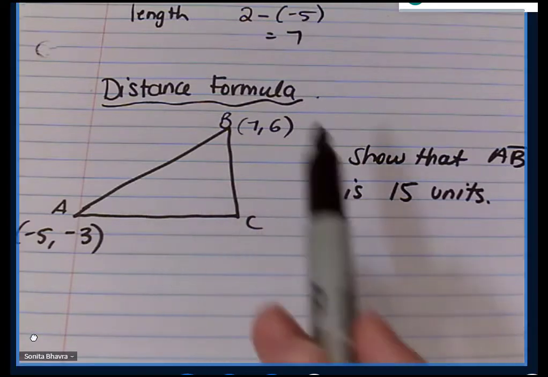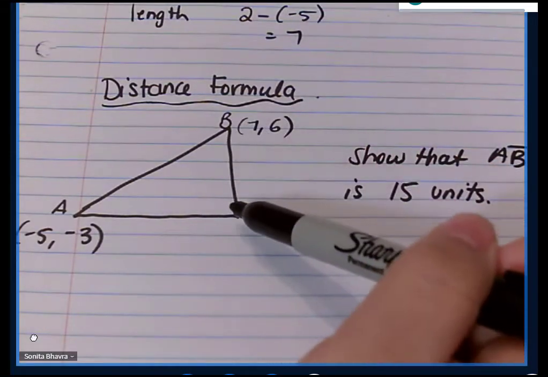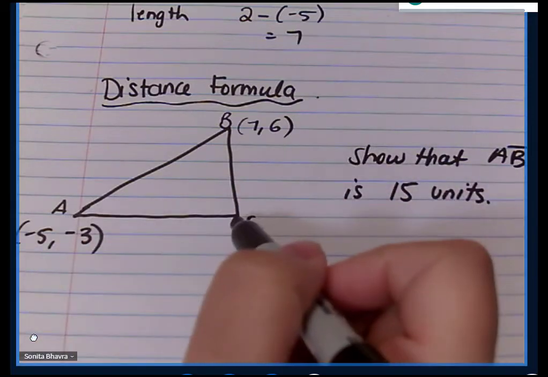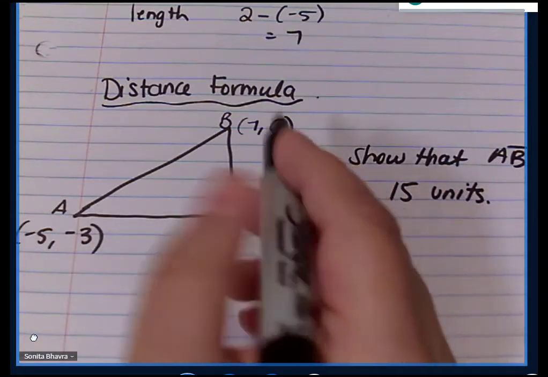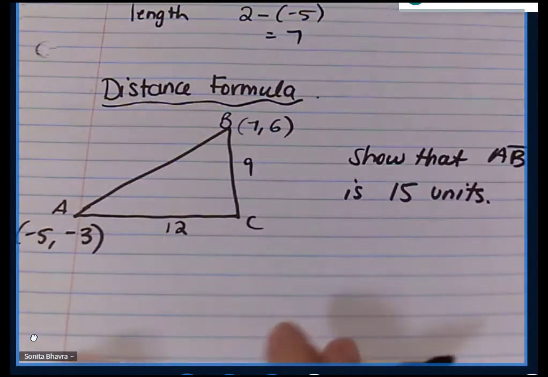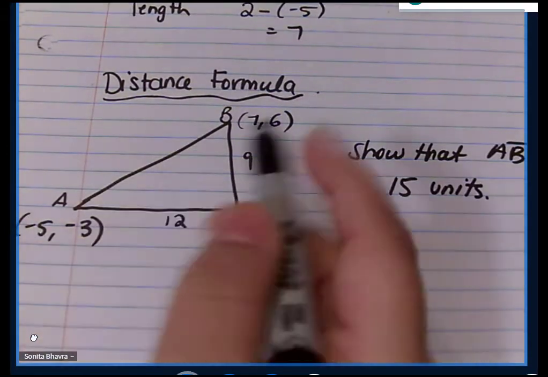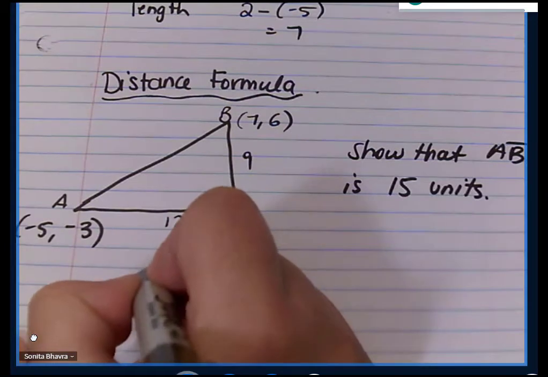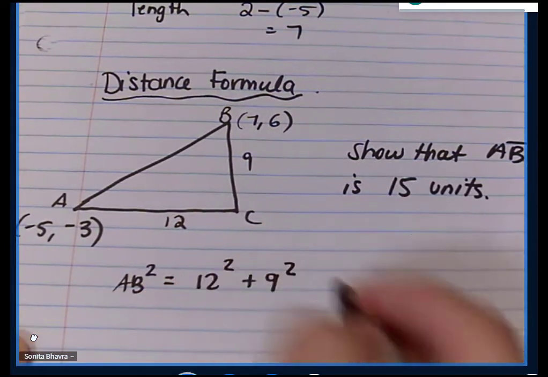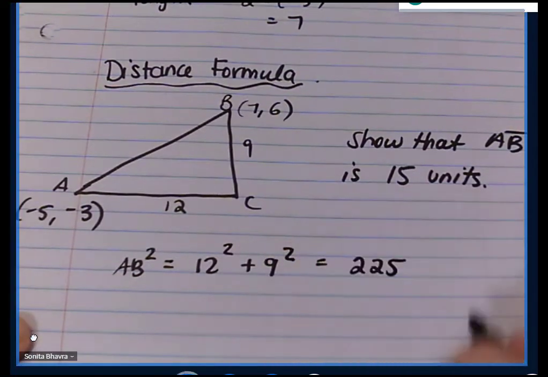So on the sketch in the modules, you can count the units for A to C and B to C. A to C is 12 units, and B to C is given as 9 units. All right, so using our Pythagorean theorem, AB squared is equal to 12 squared plus 9 squared, which gives us 225.